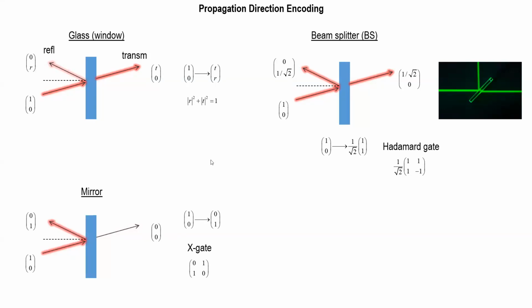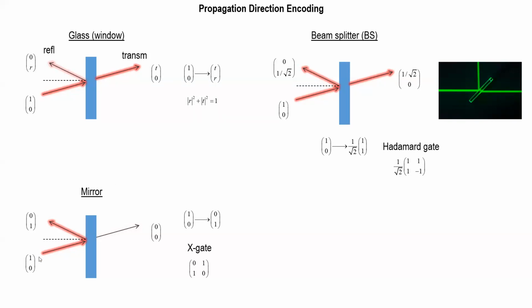Another optical element that can also be used as a quantum gate is a mirror. A mirror is an optical element with a 100% reflection coefficient and zero transmittance.